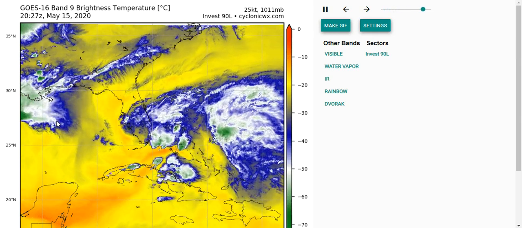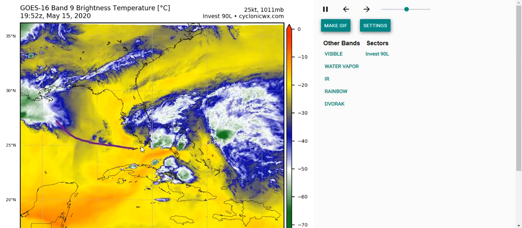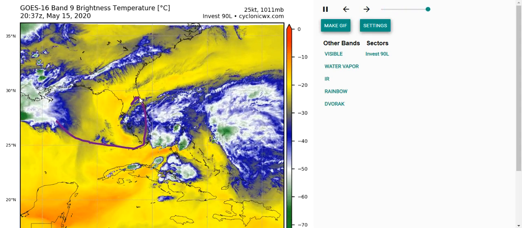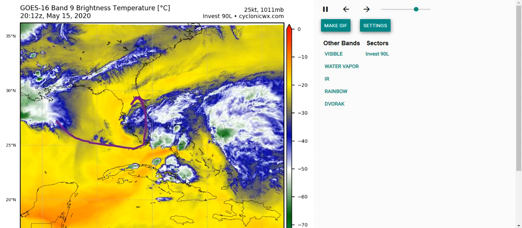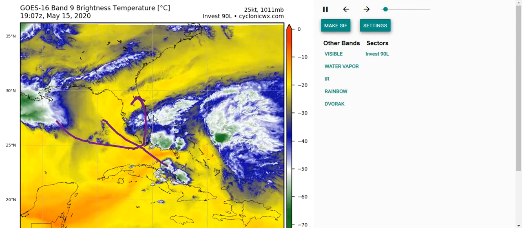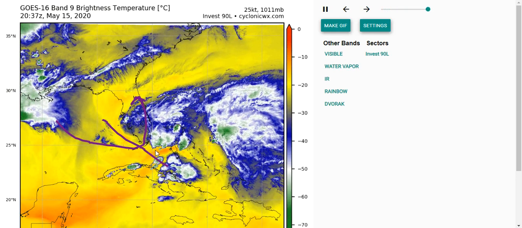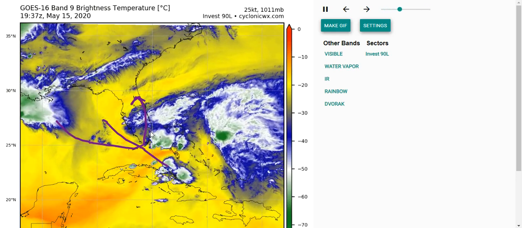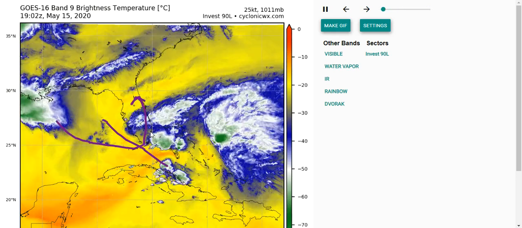It extends from the Gulf of Mexico and then up into Florida, or around Florida, and then meets Invest 90L. This trough is generally negatively tilted, so you do have the southerly shear, or light southerly shear at least, that is affecting 90L right now.